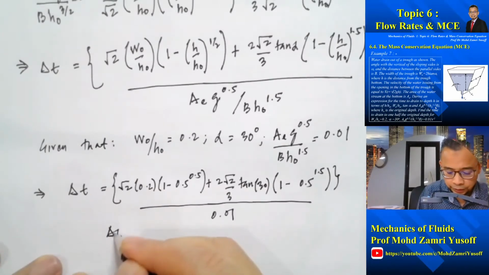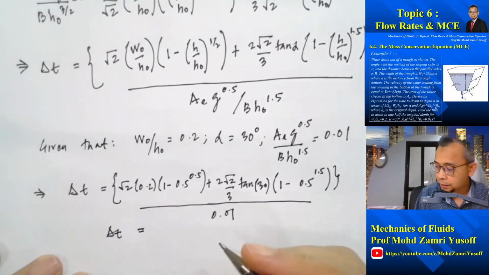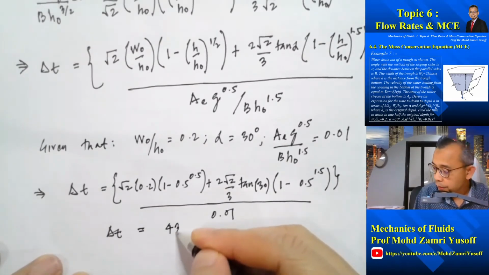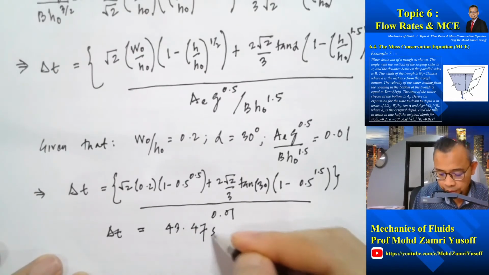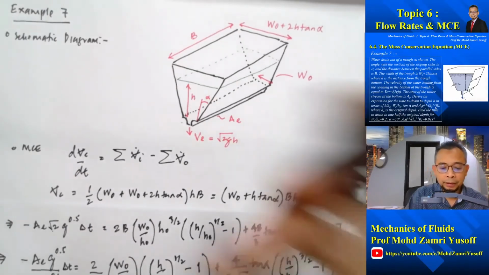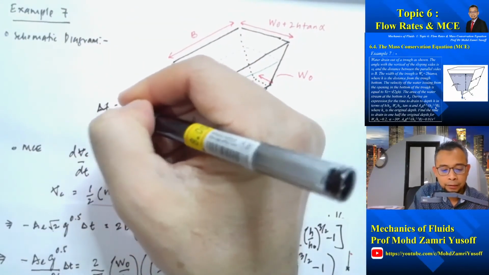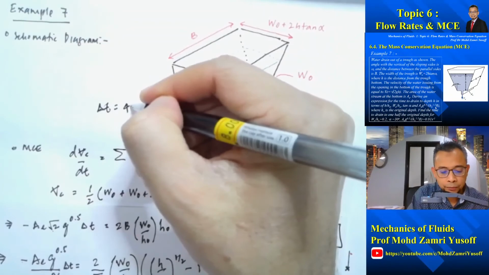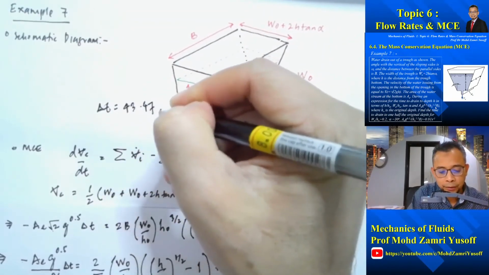So this gives us the time taken is equal to 43.47 seconds. Okay, so delta T is equal to 43.47 seconds.